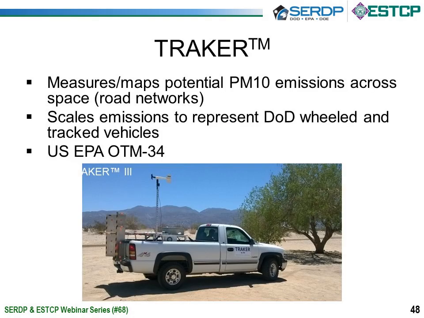Slide 48 is a picture of Tracker in its current configuration, and it has gone through three different evolutionary periods during its development. It can now fit everything into the bed of a 4x4 truck. It is used to measure the emission potential.